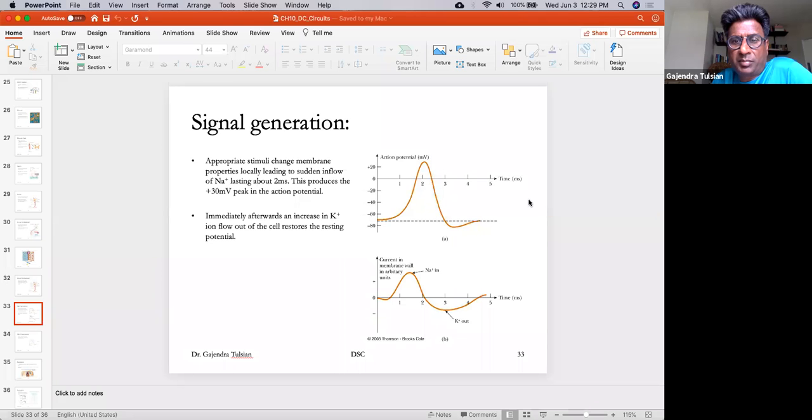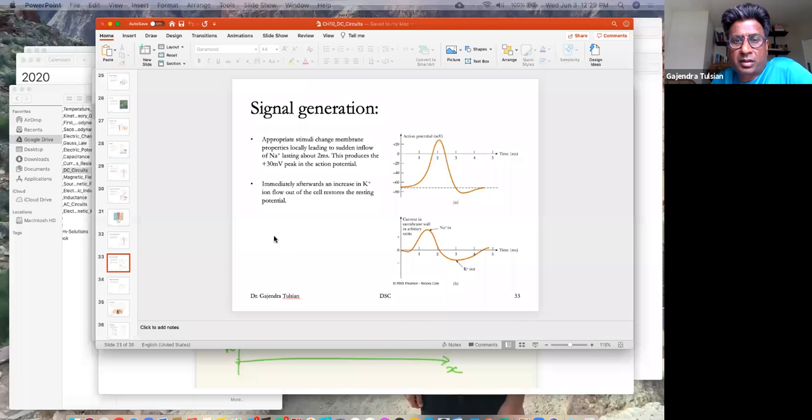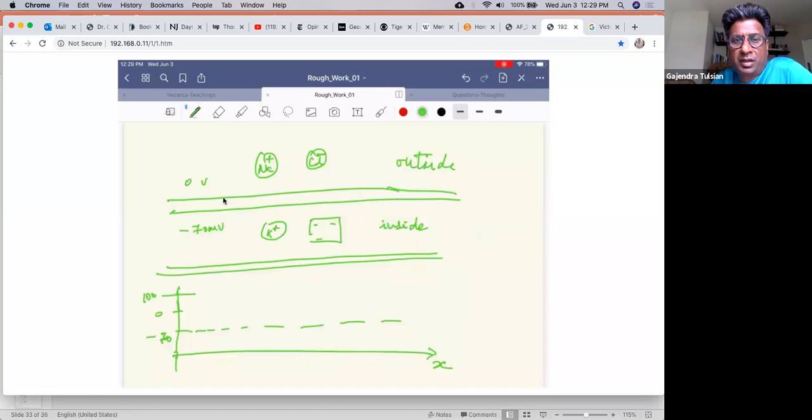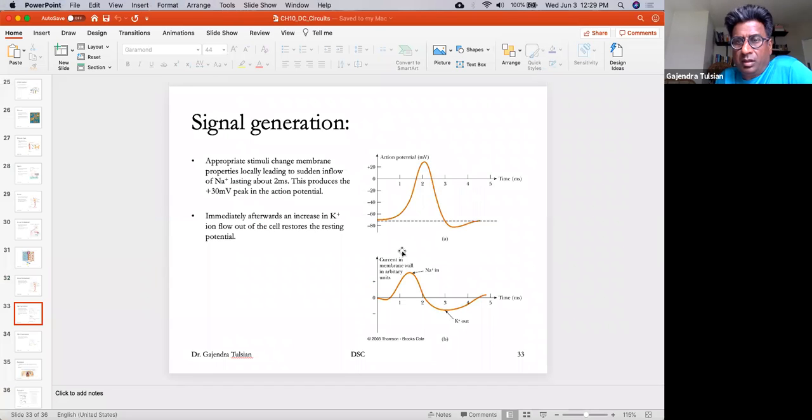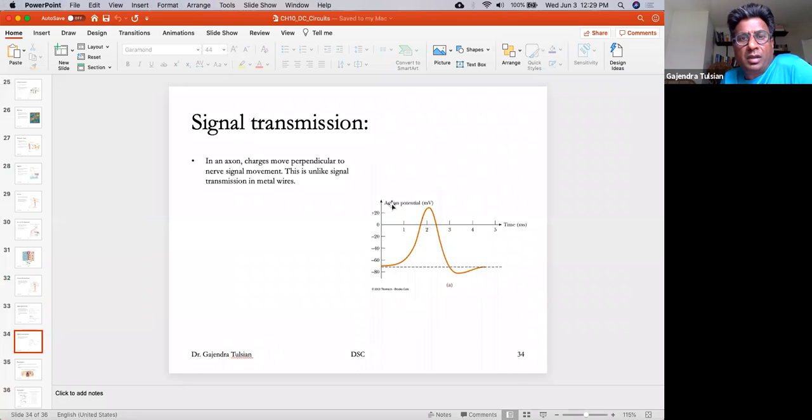And then that nerve impulse travels down the axon. Once the nerve impulse is generated, it changes properties downstream, and the nerve impulse will travel downstream. So that's a nerve impulse. In an axon, charges move perpendicular to the nerve signal movement.